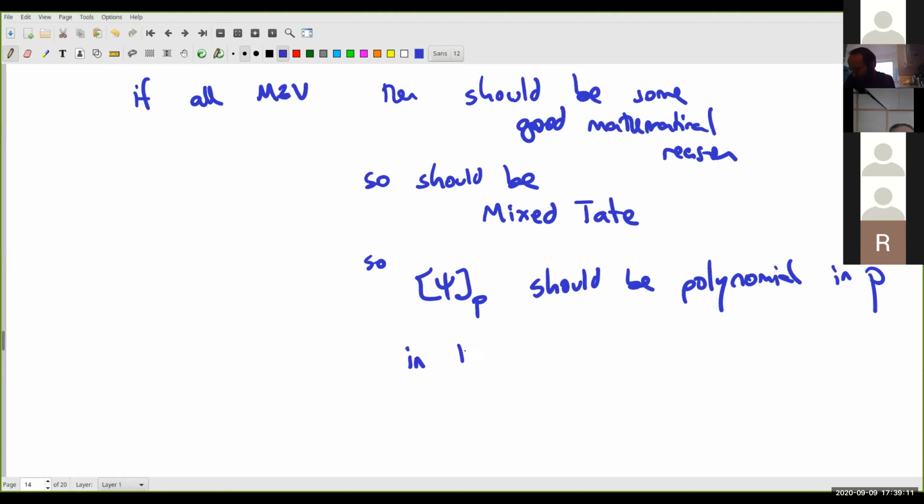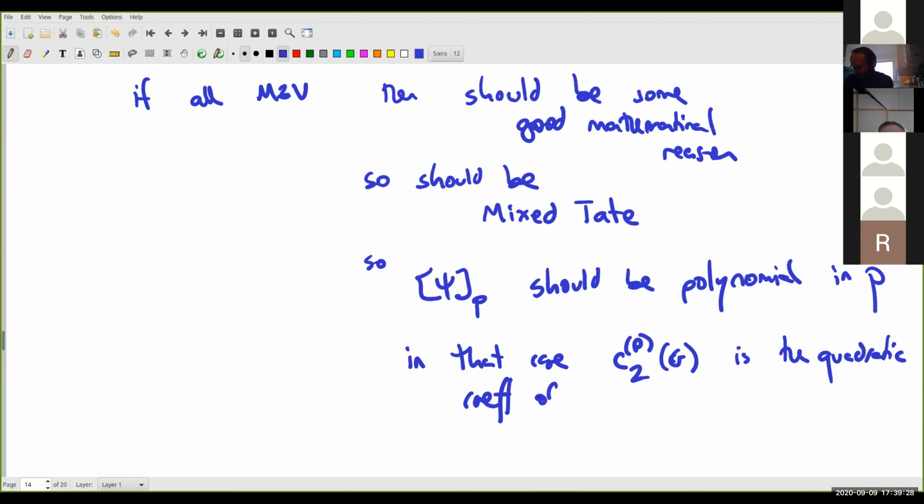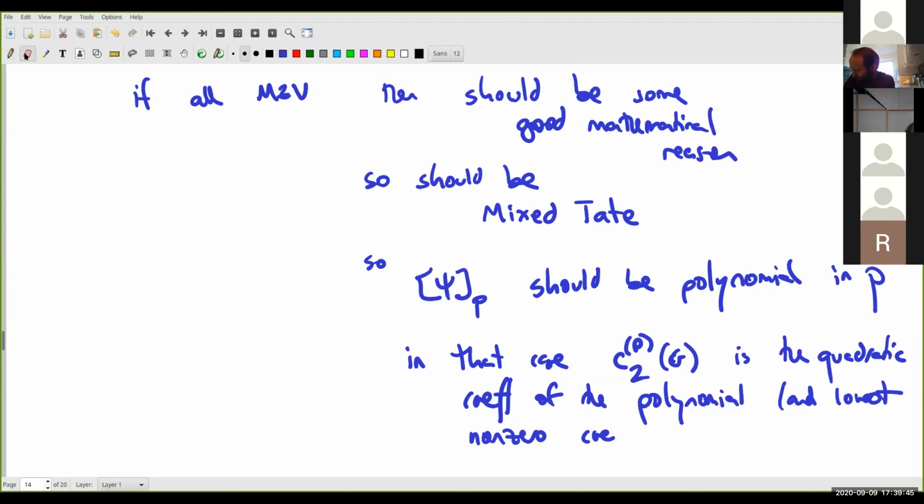And then in that case, c_2 at p is the quadratic coefficient of this polynomial and is the lowest non-zero coefficient. Because we already said this number is divisible by p squared as long as the graph has at least 3 vertices. Well, lowest potentially non-zero. It could be 0, but at least the smaller ones are 0.